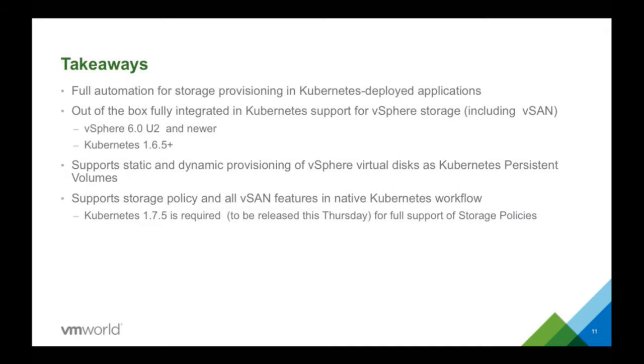Then you use the standard Kubernetes claim system to say, use the storage. As Kubernetes creates replicas of your app, scales up, scales down, or just provisions, it will go to VCP and ask for the storage. We create a VMDK in the proper policy, attach it to the proper node, properly formatted, and then Kubernetes mounts it inside of the container.